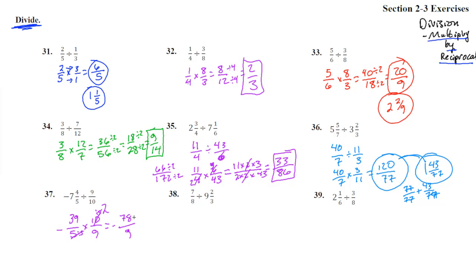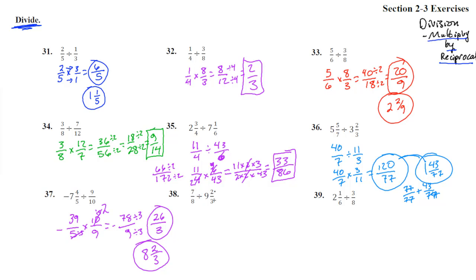Now I think a 3 goes into both of them. 78, 3 goes into it 26 times, so we get 26/3. That's an answer. Or we can change it into a mixed number. 3 goes into 26 8 times. 8 times 3 is 24, so there are 2 left over. Excellent. There we go.